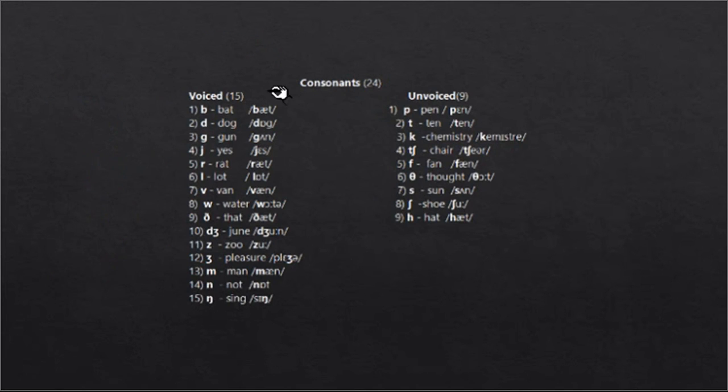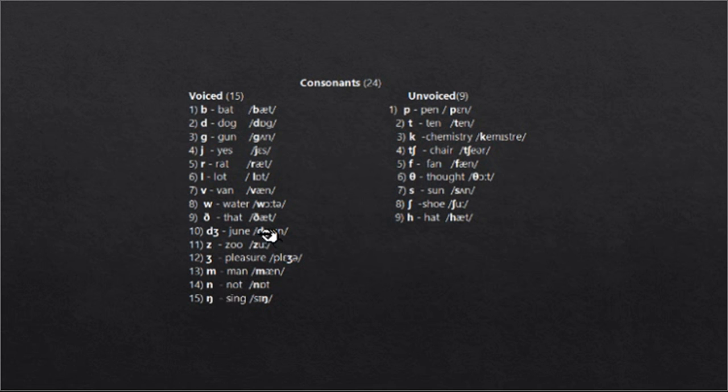This is a chart which I have prepared for you in a simplified manner, and you can learn it. Burger, your lover, wo, the. These are three j sounds with different pronunciation.